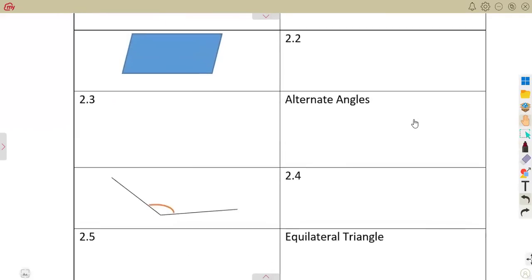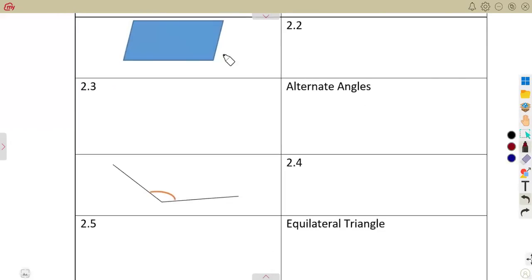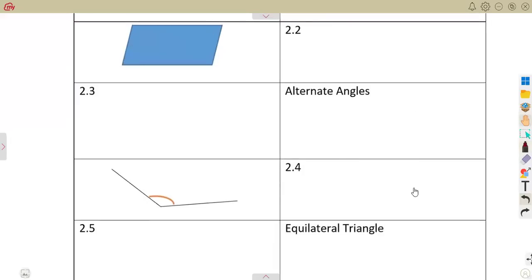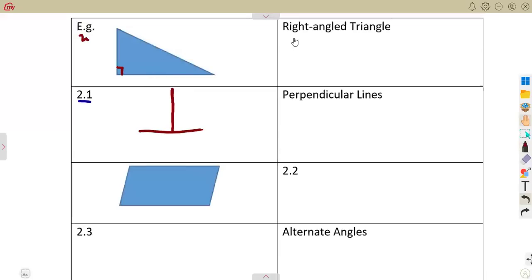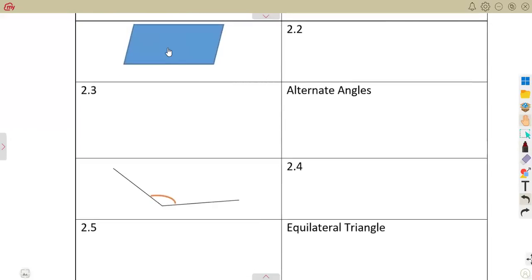Okay, let's move on to 2.2. On 2.2, they gave us a shape. They want us to write what here? They gave you this shape, and the moment you see this type of shape, you are supposed to know the name of the shape.